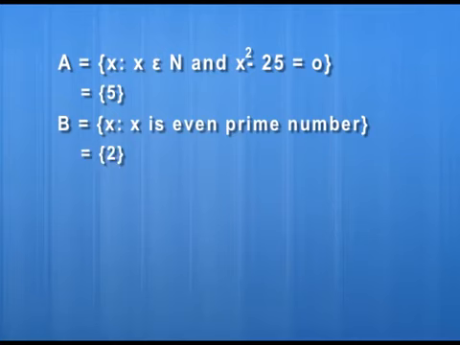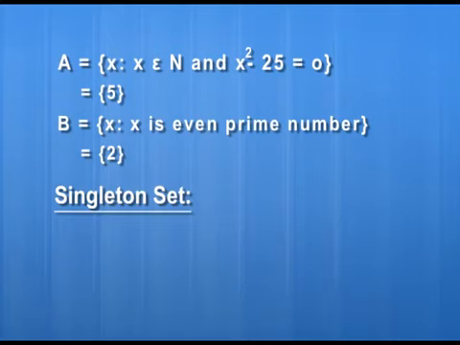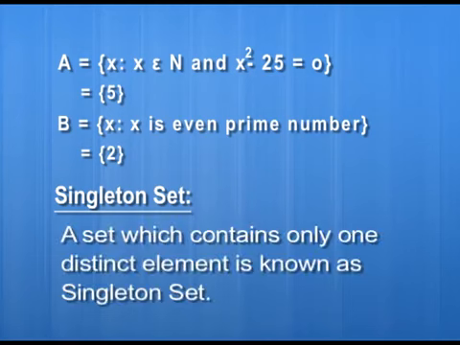So, these sets which are having only one element are known as singleton sets. Empty set is having no element and singleton set is having one element. So, the definition can be given as: a set which contains only one distinct element is known as singleton set.